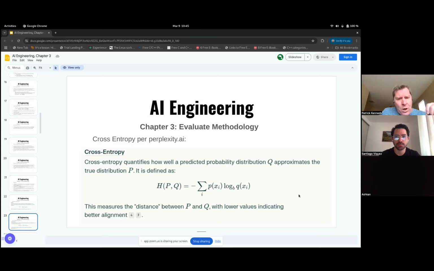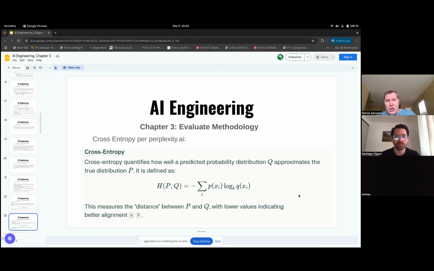As I recall, as an analogy, P would be your ground truth, and Q is similar to your loss function, where it's like your prediction, and we're going to see how well it does by comparing the P and the Q.